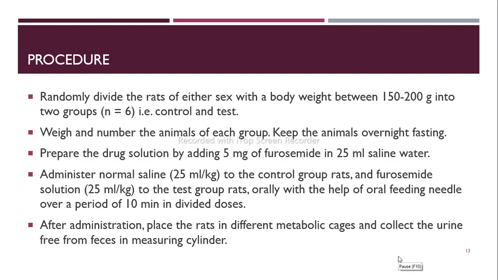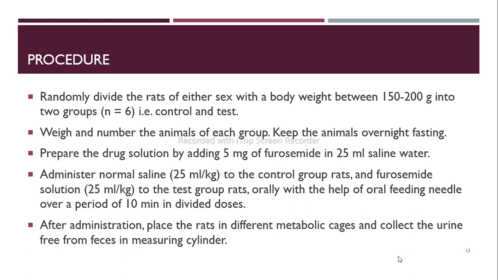The procedure of the experiment: we have to randomly divide the rats of either sex with a body weight between 150 to 200 gram into two groups, and each group consists of 6 animals. So n is equal to 6, the number of animals per group.